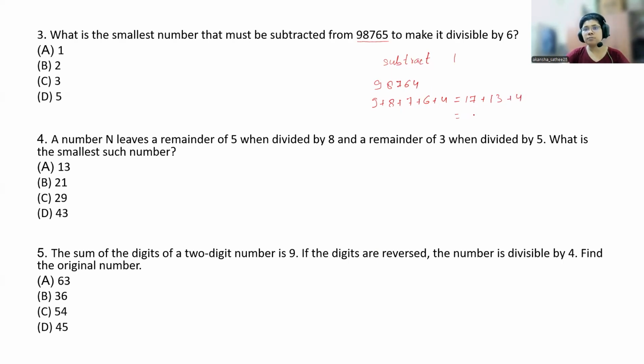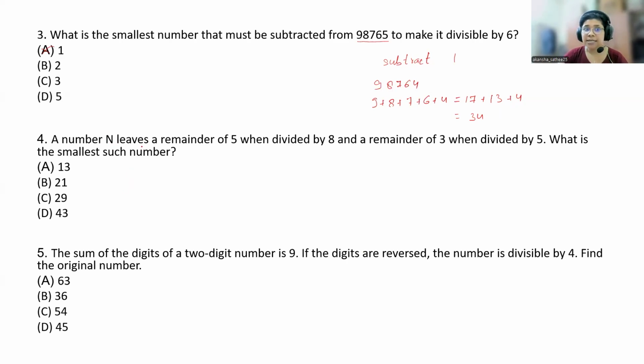So it is 34. 34 is not divisible by 3. So 1 will not work. Similarly, you have to check other options also. Subtract 2 and check. Subtract 3 and check.